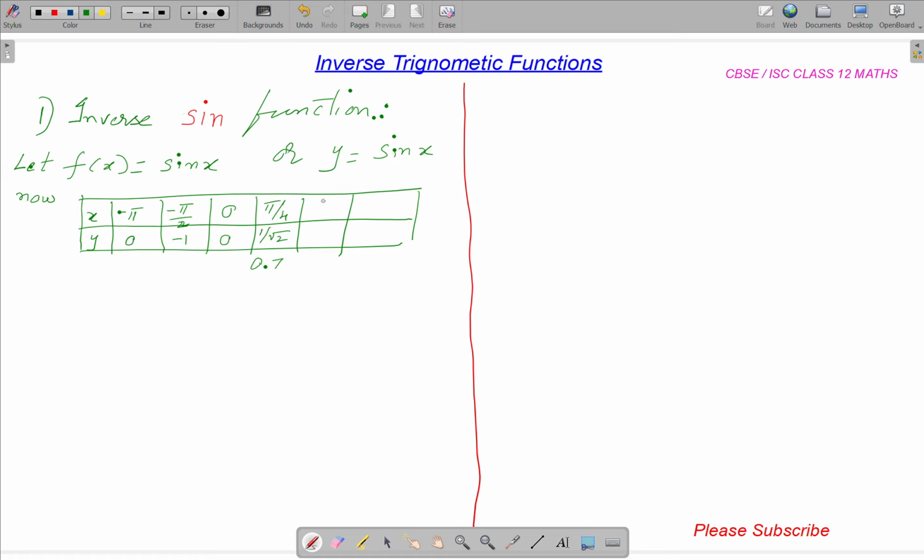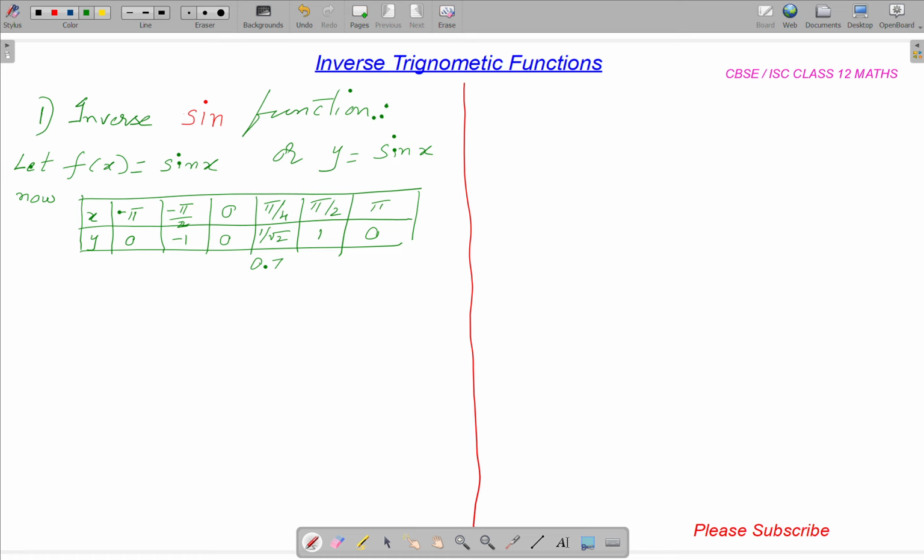When x is equal to pi by 2, y is equal to 1. When x is equal to pi, y is equal to 0. Now, here the value lies in between minus 1 to plus 1.